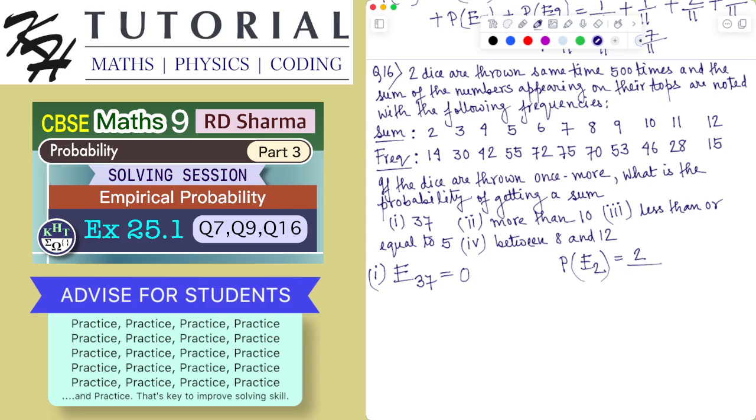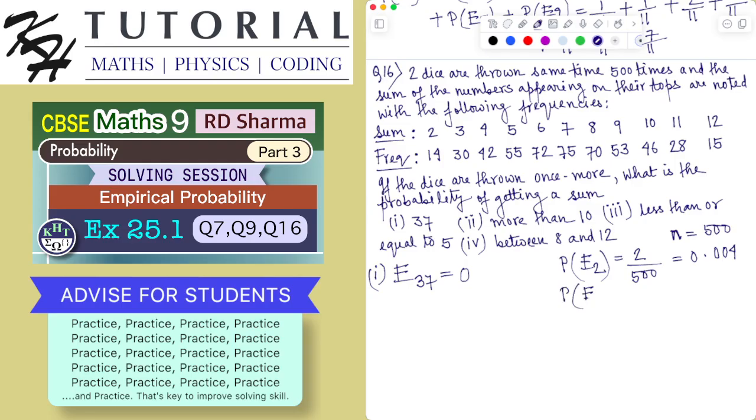Since the two dice were thrown 500 times, the number of trials N is 500, and small m, the number of trials favorable to the event E2, is 2. So the probability of the event E2 is 2 by 500, which is 0.004.